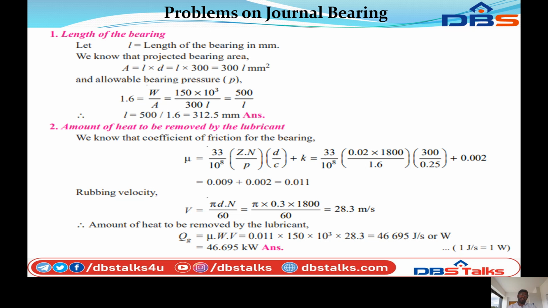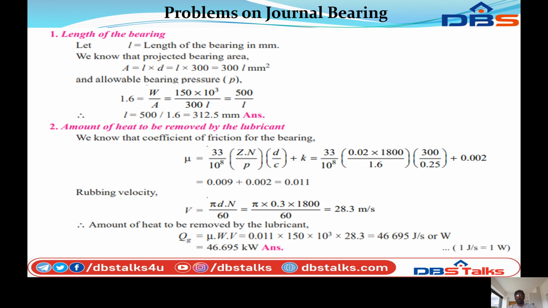Next, rubbing velocity V is equal to pi d N by 60, that is pi into 0.3 into 1800 by 60, that is 28.3 meter per second. Therefore the amount of heat to be removed by the lubricant Qg is equal to mu into W into V, that equals 0.011 into 150 into 10 cube into 28.3, equal to 46,695 joule per second or watt.